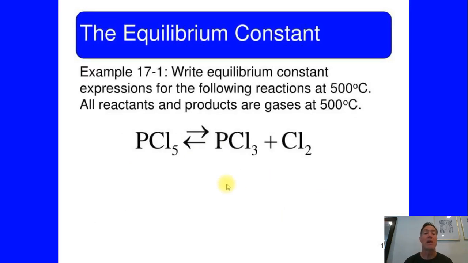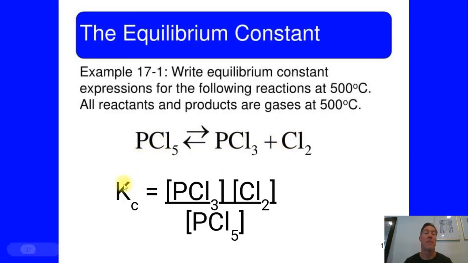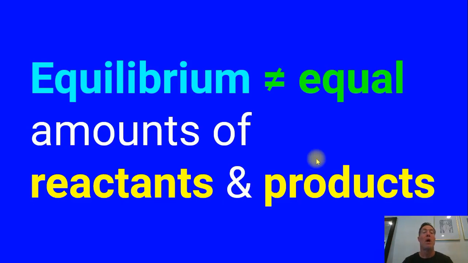How would we write an equilibrium constant for this expression? Well, we're going to say Kc is equal to the concentration of this times the concentration of this over the concentration of this, or this. Remember, equilibrium does not mean we have equal amounts of reactants and products. It could be, but more likely it's going to be shifted in favor of one or the other.